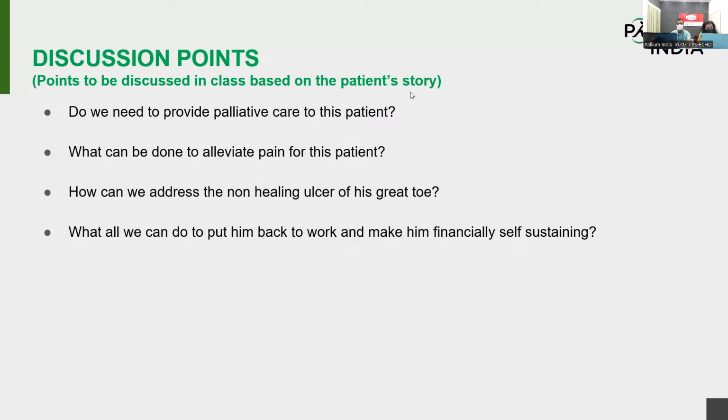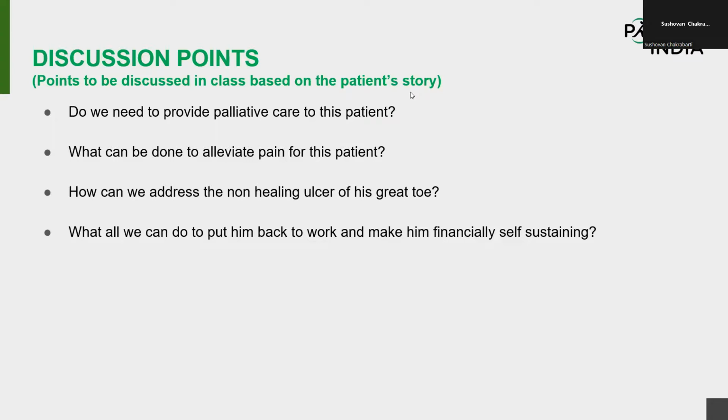Yes, he has a chronic pain that is mostly vascular in origin. He has a claudication pain, and along with that, he has an ulcer over his great toe, and there is a dry gangrene of this great toe. Being a vascular claudication, he suffers pain while walking, and he has a constant pain due to the gangrene of his great toe.